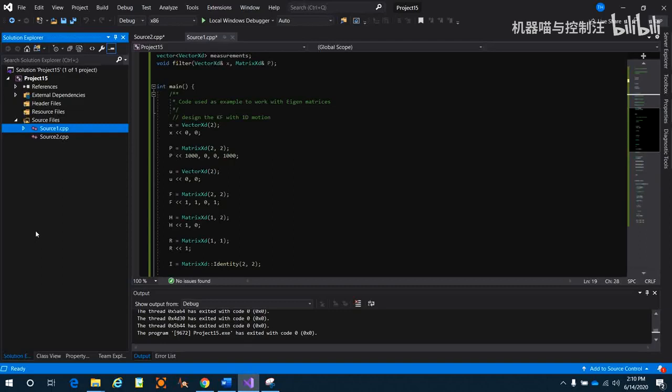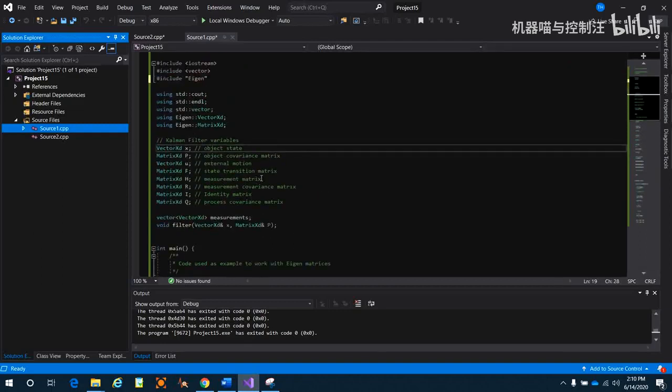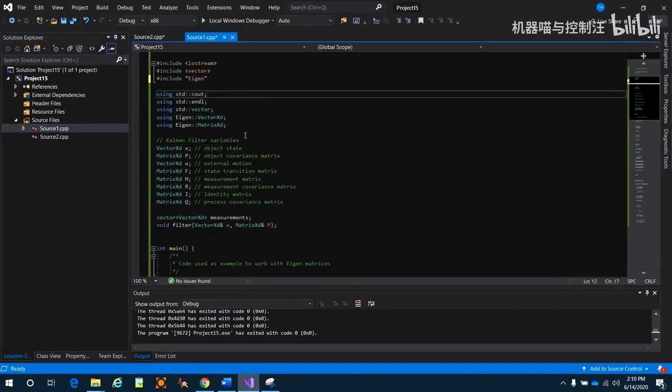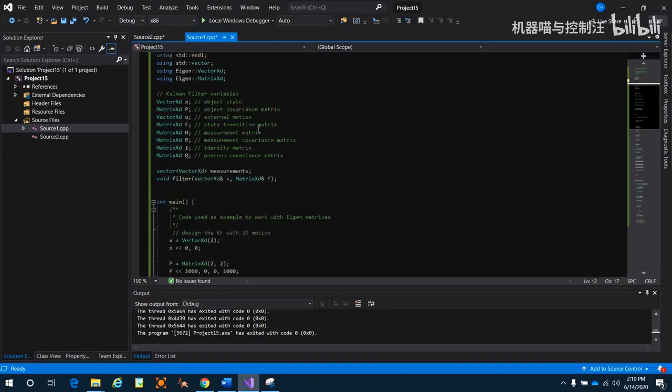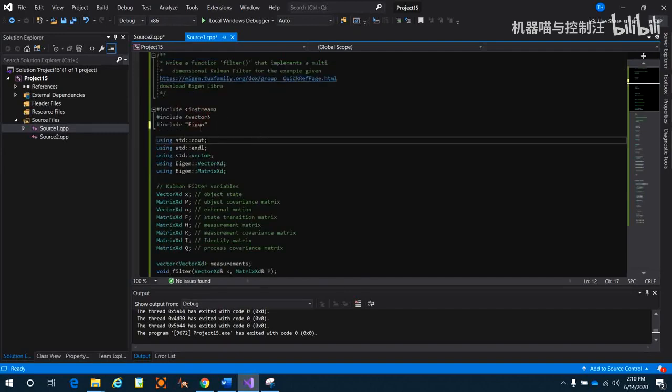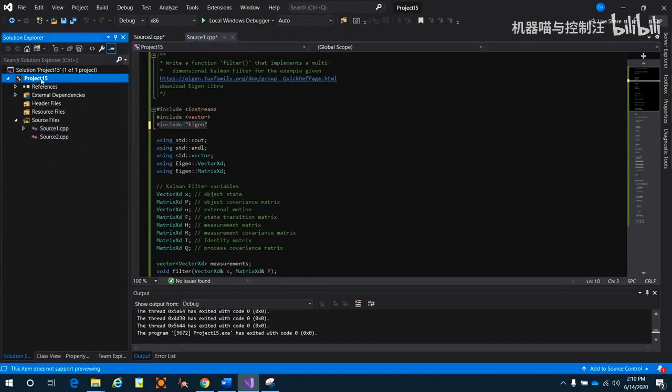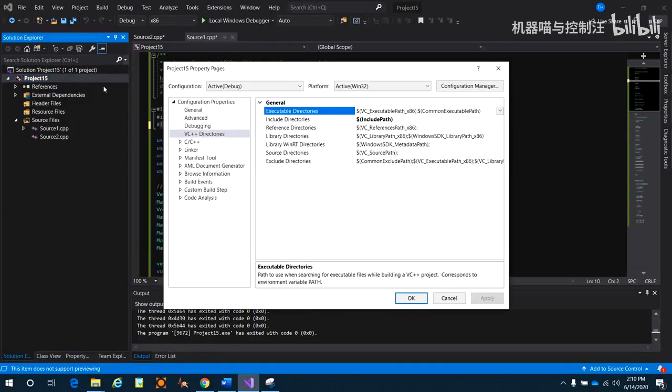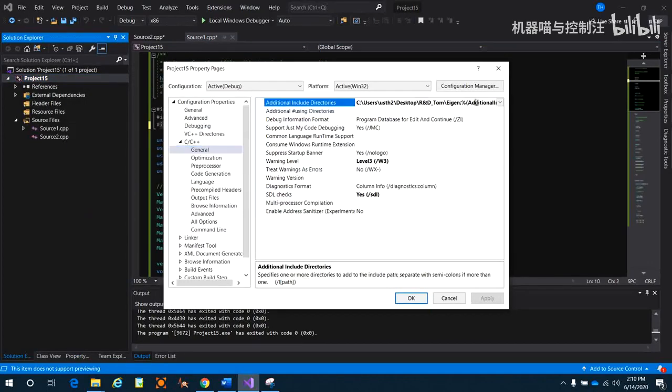It's a really good environment. In some next videos, you will see I use Eigen, because Eigen is really good for matrices and linear algebra. So you have to add the library. Adding it is easy: go to Properties, go to C++, and add your library.